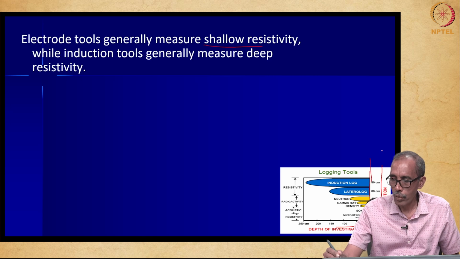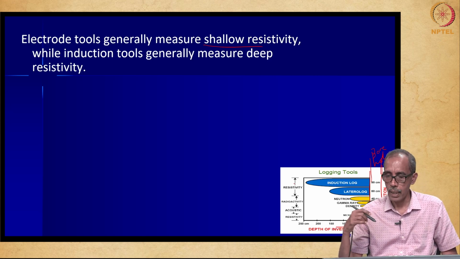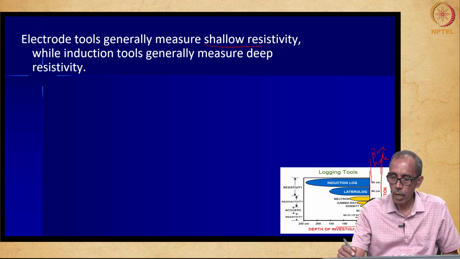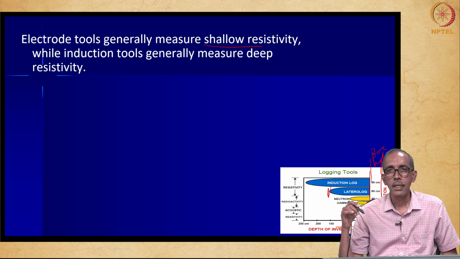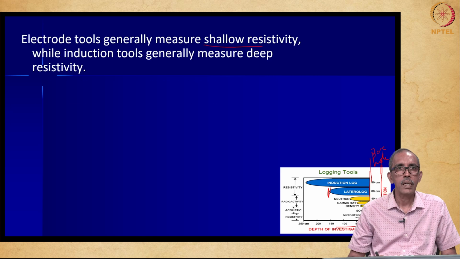From the borehole, how much is the radius of measurement? So, we have already seen micro resistivity is a few centimeters, and the lateral log is up to 1.5 meters, whereas with the induction log we can go up to 2.5 to 3 meters.